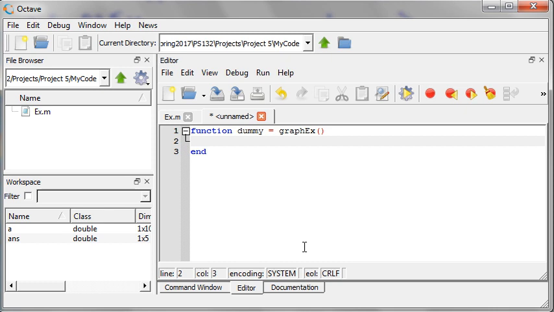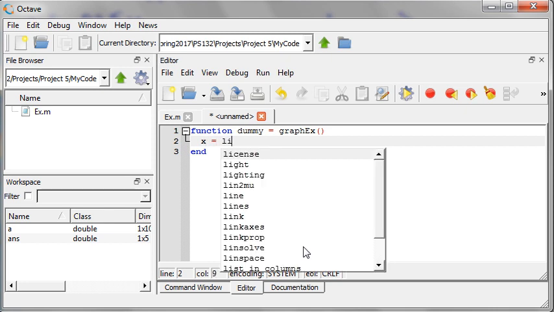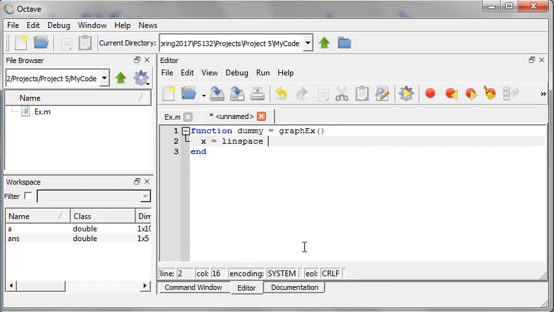it was x equals linspace of minus 0.025, comma, 0.025. And give me 100 of those values between minus 0.025 and 0.025.